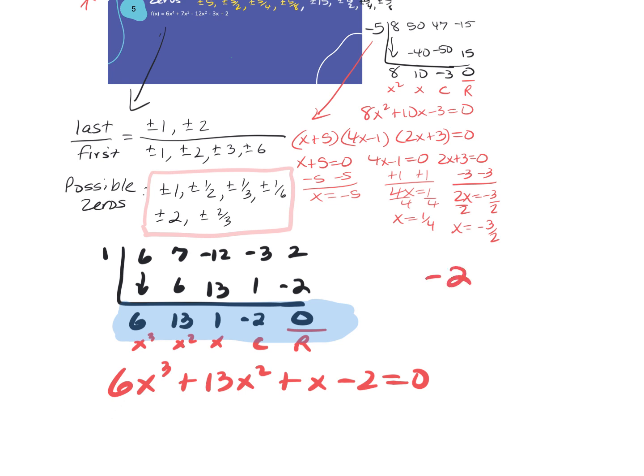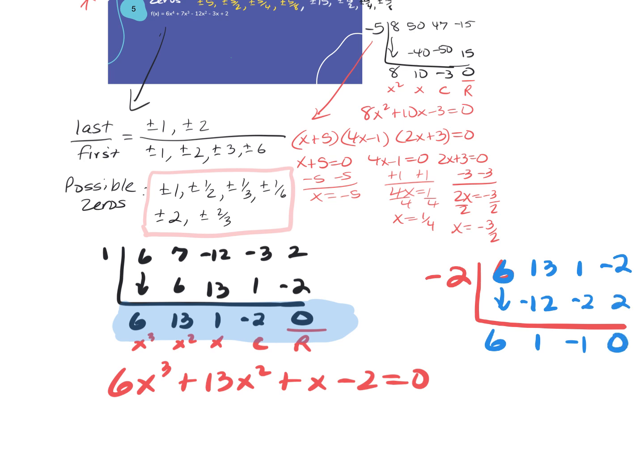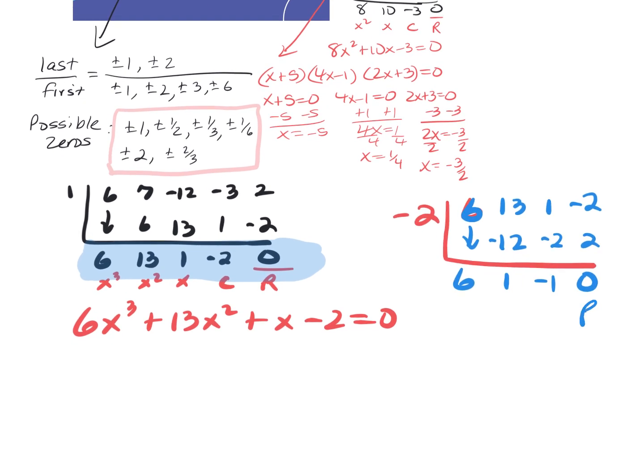So now I'm going to do synthetic with negative 2, but using this blue row here. So 6, 13, 1, and negative 2. Bring down, multiply, add the column, multiply, and again, I've got a remainder of 0. So remainder, constant, x squared.